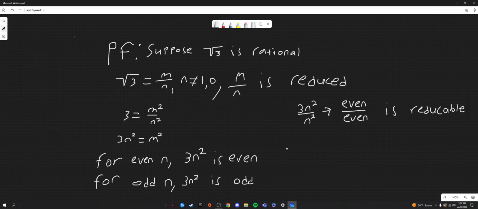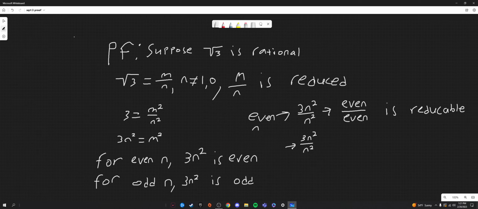But what we have here, because there's both an n squared in the numerator and the denominator, is 3n squared over n squared.